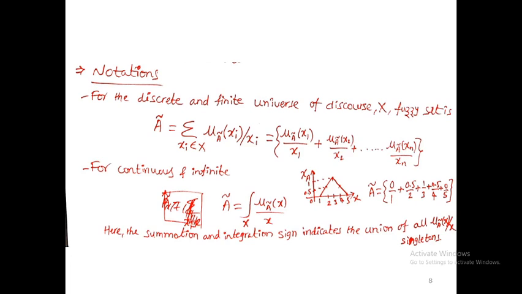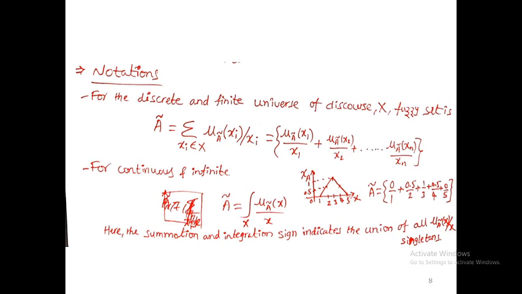So to get the fuzzy set for this diagram, if you want to represent the same thing in discrete form, A equals mu A of x1 by x1, that membership value at the corresponding point.